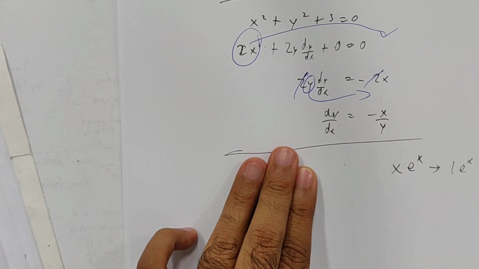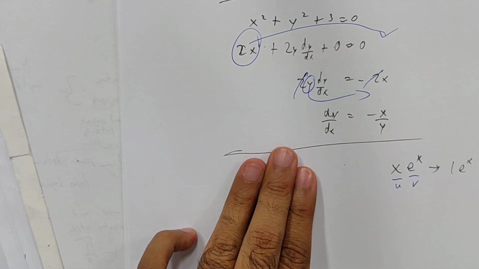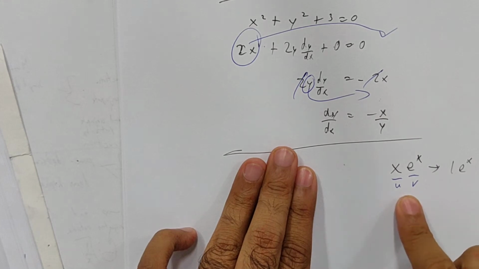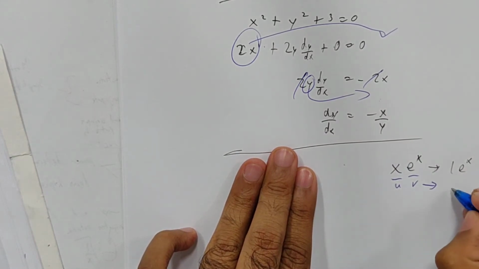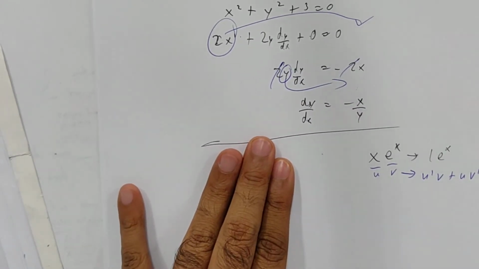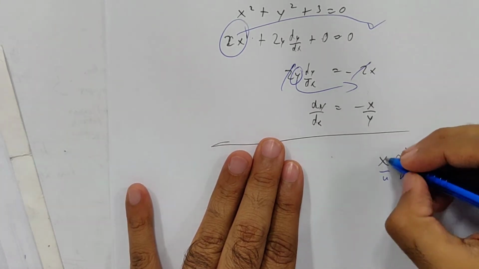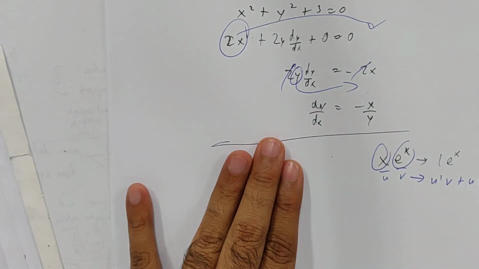Why wrong? Well, if you are from the north of Malaysia, you can say product rule. But if you say that during your test, I'm not responsible. Okay, so for uv, differentiate how? u'v plus uv', or anything else that's the same. Tell me, why product rule? Because they are two different elements.